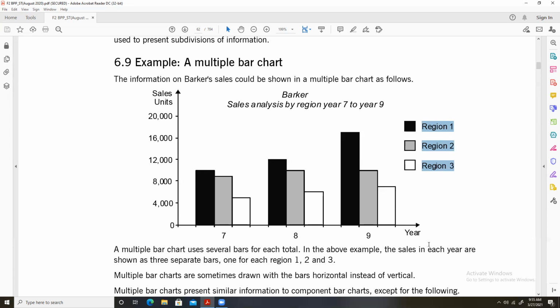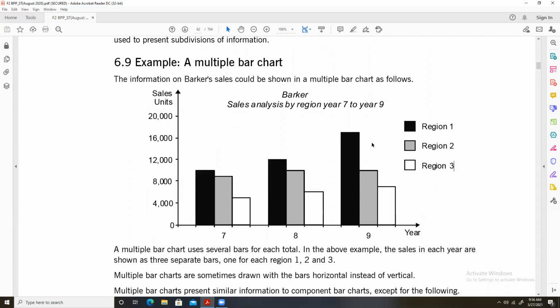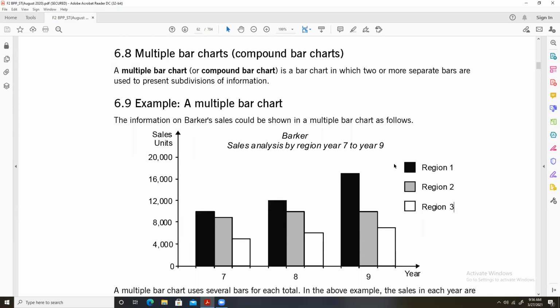By looking at this bar chart, we can easily find out in which region the sales are the highest. In region 1, the sales are the highest because the black bars are the tallest of the three in each of the 3 years. So bar charts can be a good tool for making comparisons like this.